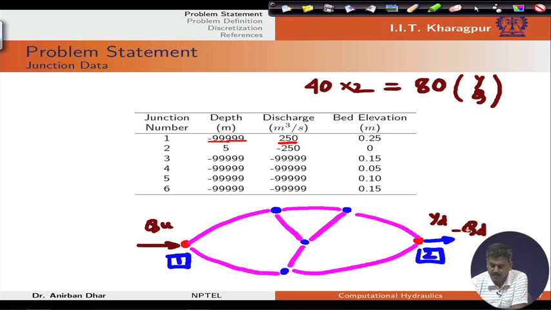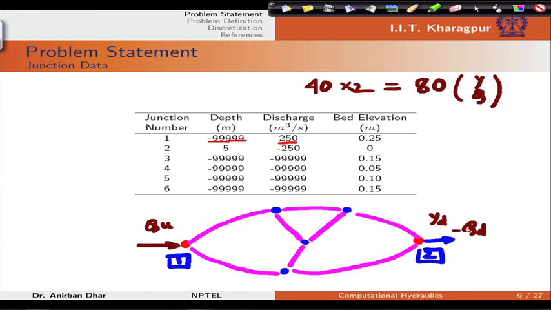I put a negative sign because I am extracting water from the system from this particular point, so this is minus QD. These two values are specified, so this QU is essentially unknown. If I add this QU as unknown, we will have a total of 81 unknowns in this case.